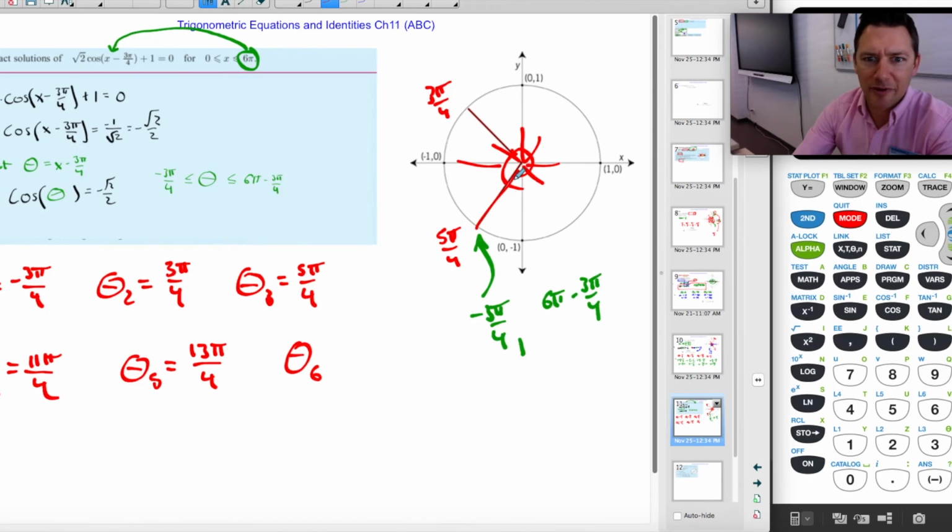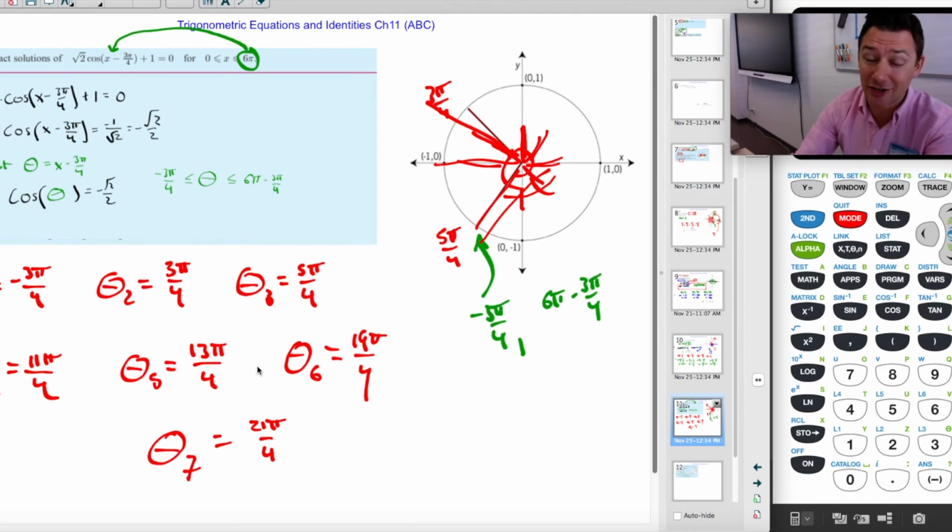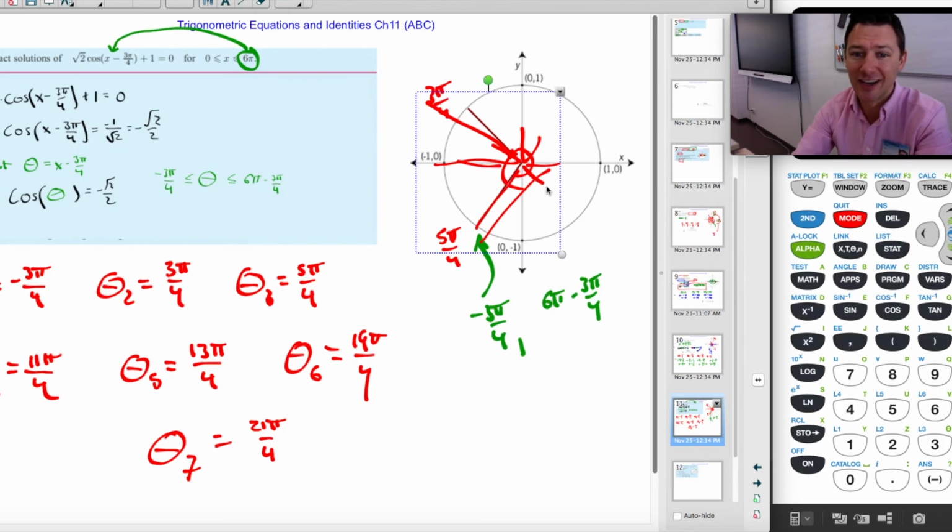We have another rotation to go: 13, 14, 15, 16, 17, 18, 19 pi fourths, 20, 21 pi fourths. This is one of the reasons we like radian measure, because you can count as you spin. It's easier than adding 45 each time. That would get really obnoxious.